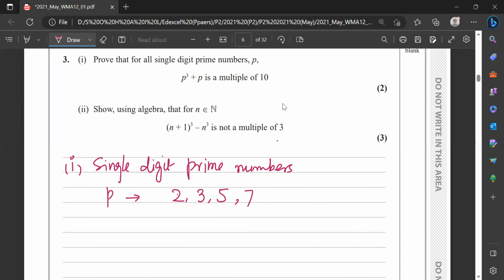These are the single digit prime numbers. So, prove that p cube plus p is a multiple of 10.